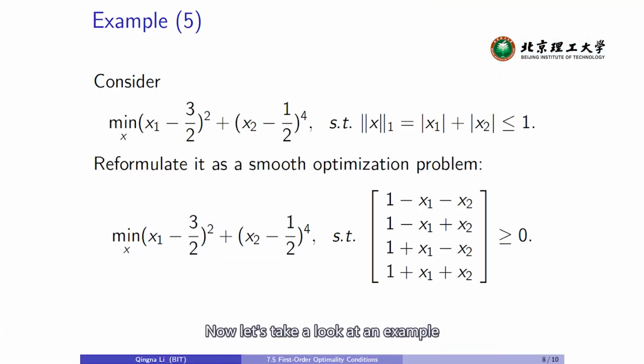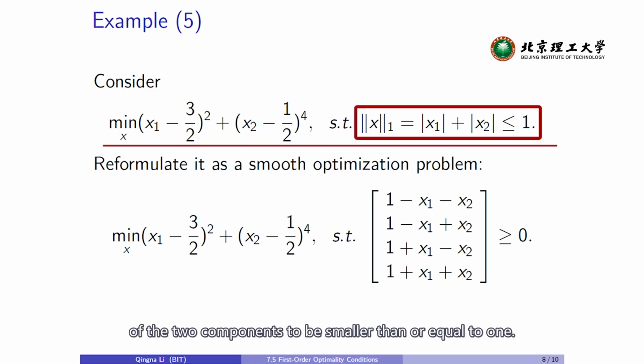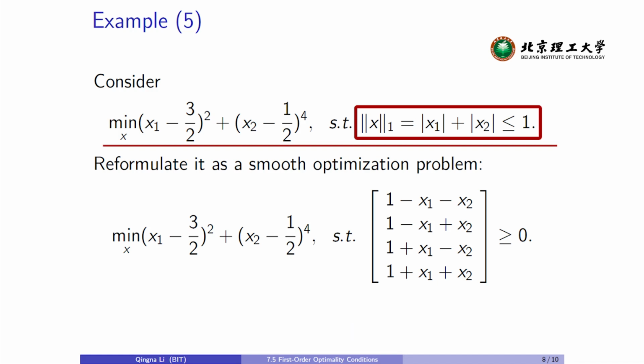Now, let's take a look at an example to demonstrate the first-order optimality condition. We have nonlinear functions here, and we have some non-smooth constraints. Recall that we require the absolute values of the two components to be smaller than or equal to 1.